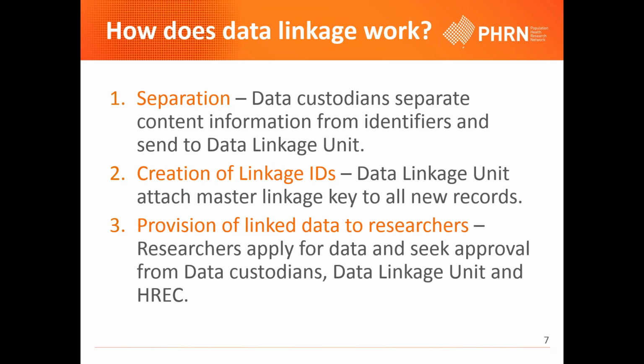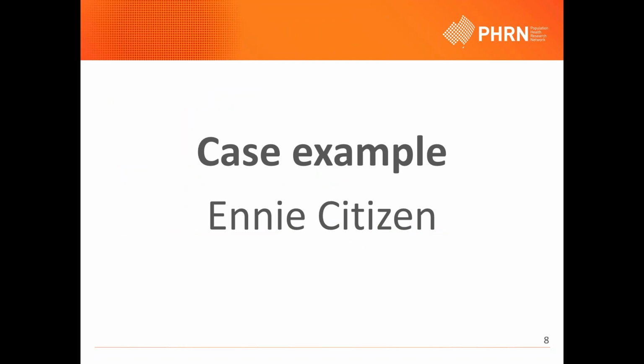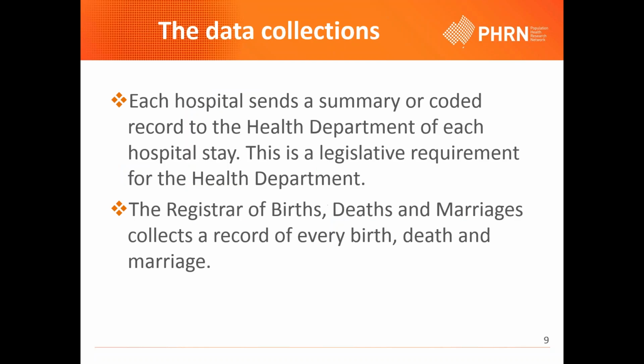But let's talk through this in a bit more detail. How does it actually work? So this is a little case example, and we're talking about a person we're calling Any Citizen. In this example, there are two different data collections. The first is the hospital admitted patients collection, which is held by the health department, and is a legislative requirement for the health department to collect and maintain.